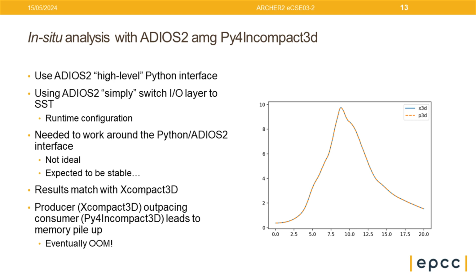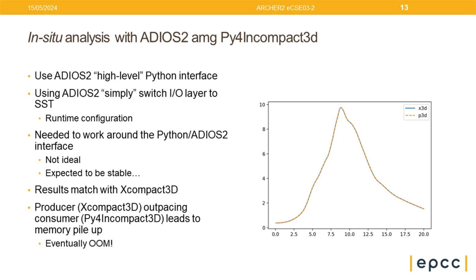There was a problem in the ARCHER2 interface because it's very high level in the way that it's written for Python, and it wants you to kind of write this range-based loop, which didn't fit exactly how we'd develop Pi for Xcompact3D.